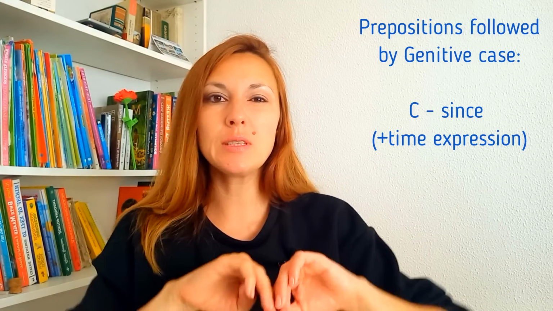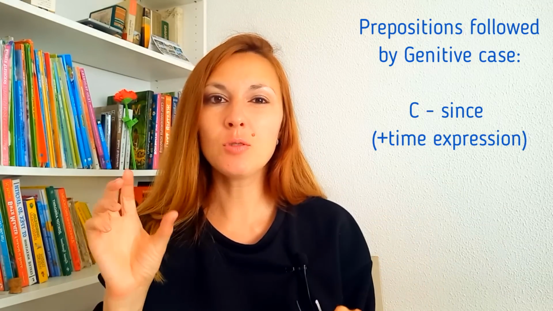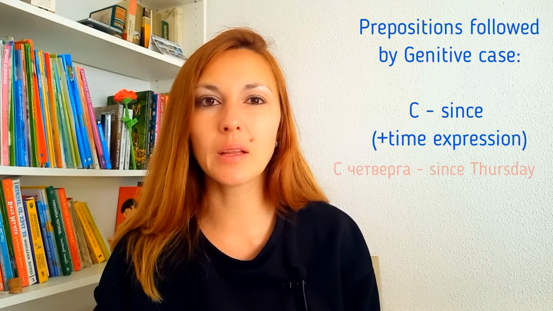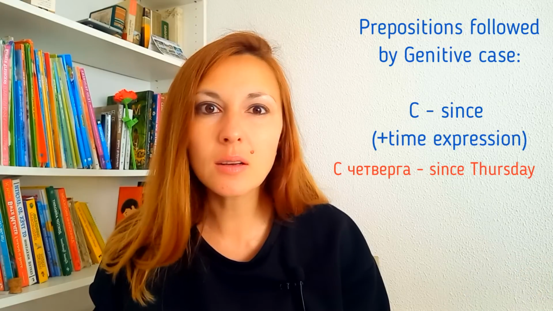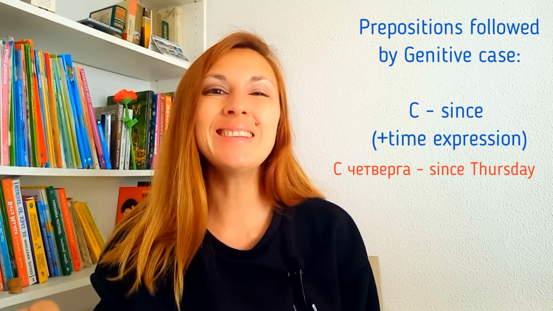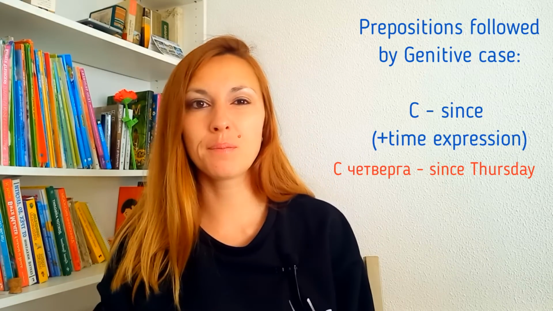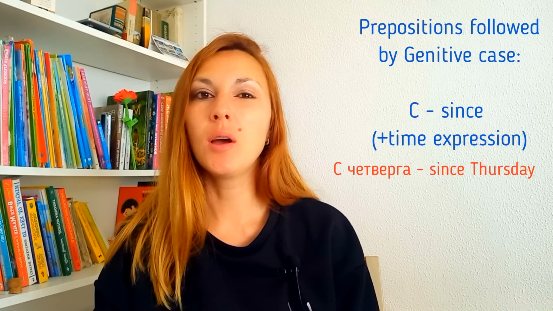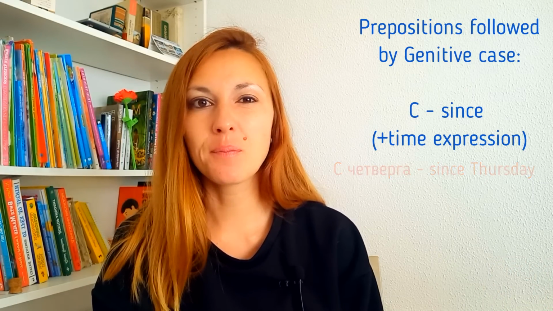So how to distinguish them? If you see preposition с and then a time expression, for example, с четверга, четверг is a time expression, that means that something happens since Thursday. It cannot be with Thursday.